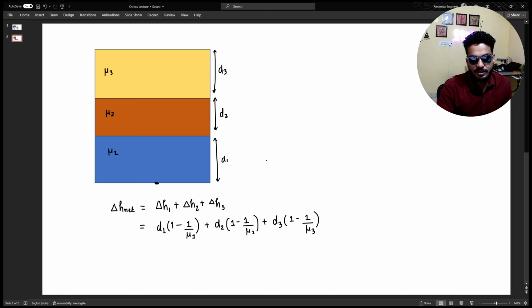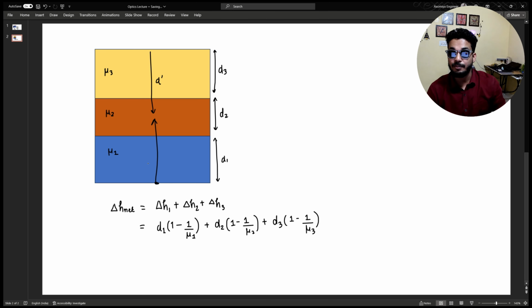Now if you already know the net shift in the upward direction, let's say delta h net, then the apparent depth d dash can be found by adding all these values, d1 plus d2 plus d3, and just subtracting delta h net from it. So if you are looking for apparent depth in a scenario when you have multiple different layers, this is the way to go.